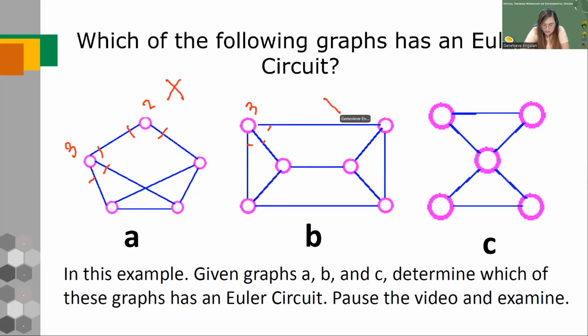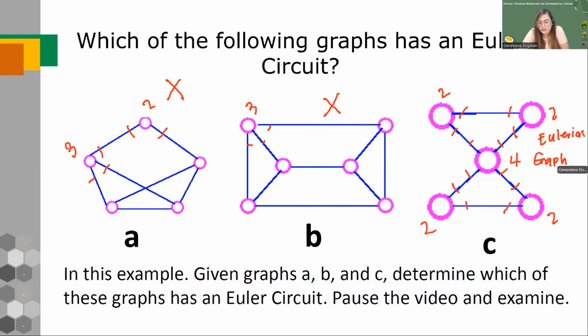So, dili pod ni siya, wala ni siya Euler circuit. Kini, 1, 2, diri pod 2, diri 2, diri 2, and diri 4 kabuok. So, pasabot, kini ang answer. There is an Euler circuit diri. So, this is an Eulerian graph. Okay. So, ang answer ani is letter C.